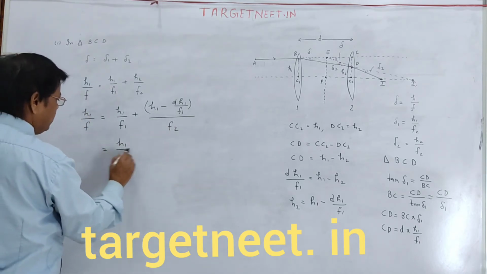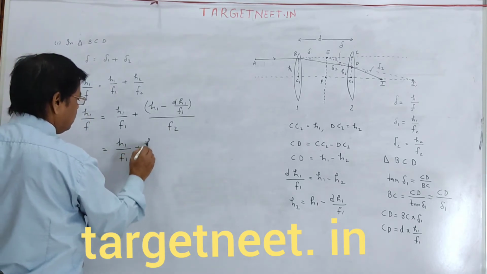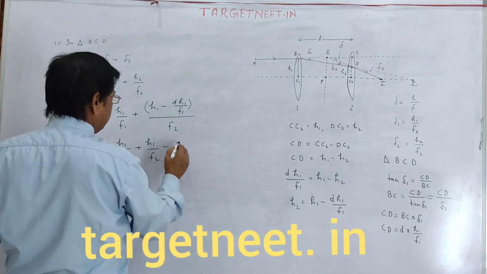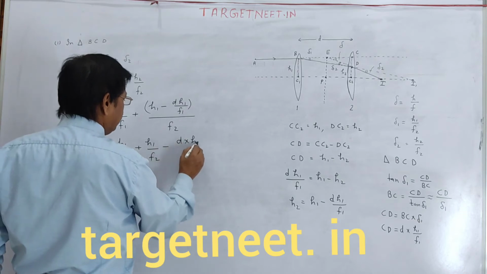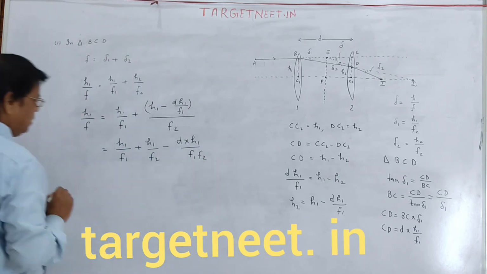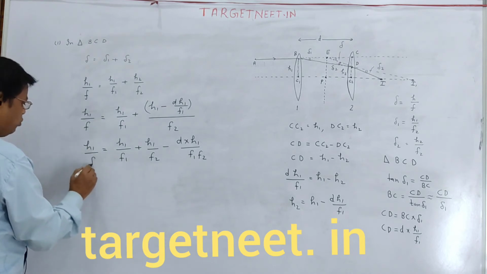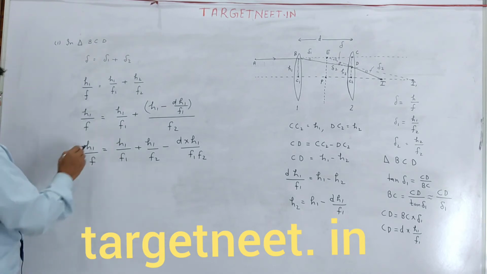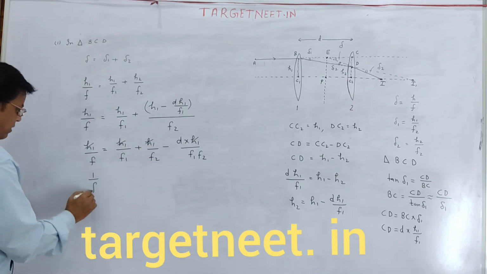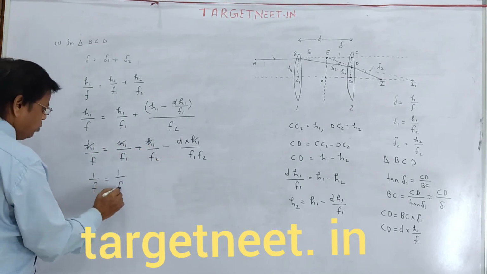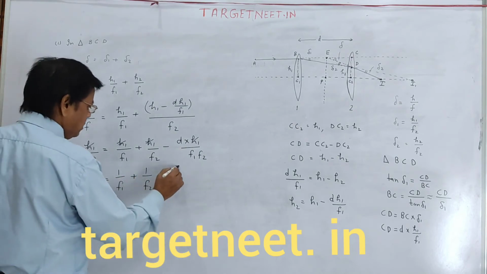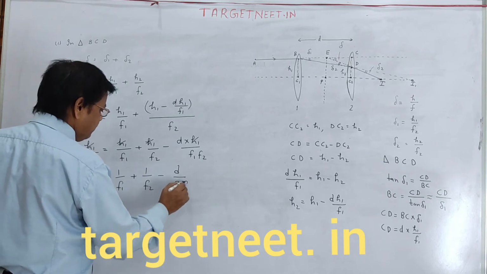So this is H1 upon F1 plus H1 upon F2 minus dH1 upon F1 F2, equals H1 upon F. If I take H1 common and cancel it, what is left? 1 upon F is equal to 1 upon F1 plus 1 upon F2 minus d upon F1 F2.